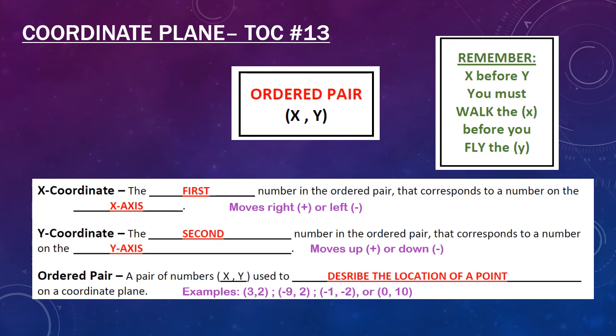And then sometimes you're going to see something that has a 0, and if you see a 0 and then 10, that means that I'm going to go 0 spaces left or right. I'm going to stay on that y-axis and just go up 10. So those wouldn't be in a blank space, they'd actually still be on the line. So sometimes you're going to have that too.